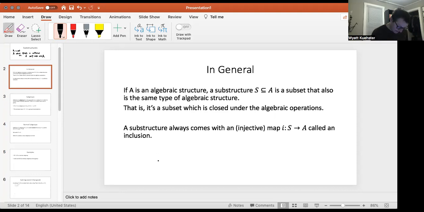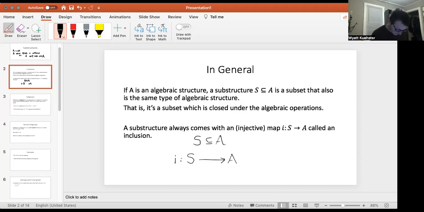So as sets, if I have a set S that's a subset of A, I get a map of sets, or a function, that goes from S to A, and sometimes I'll write this hook arrow. The hook arrow just means it's an injective map or it's an inclusion. It doesn't mean anything special, really.